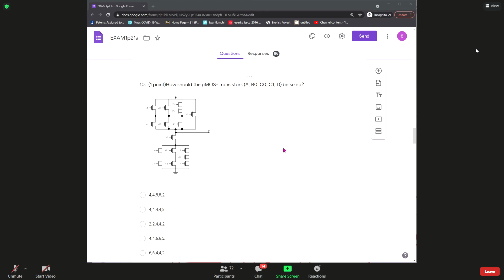Okay. So if I ask you, for example, how this voltage on the gate is related to the current during linear operation.